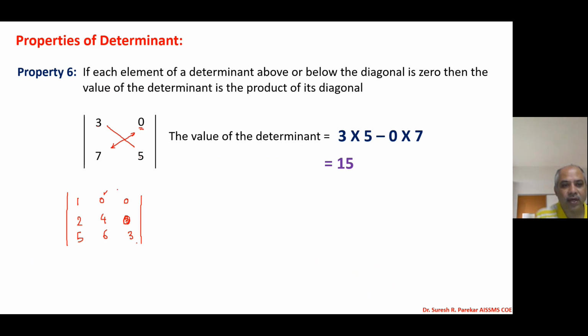Now the second and third terms become 0 because we have 0, so we have only the first term. So what we will get is 4 into 3 minus 6 into 0, which is 12 minus 0, which will be 12. And you can see 1 into 4, 4 into 3, 12.